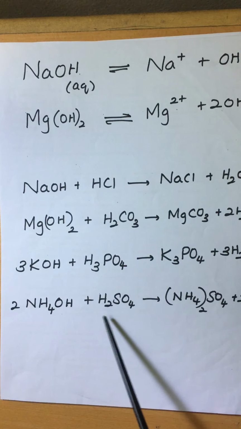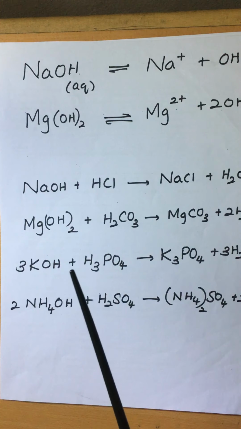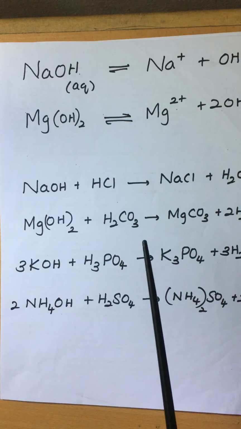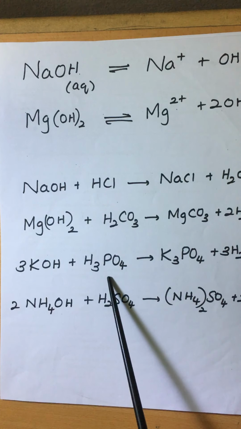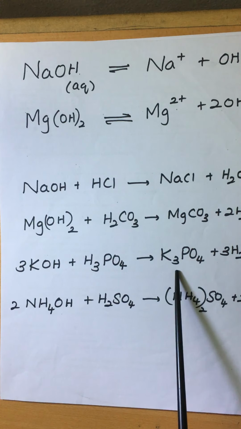Ammonium sulfate is an acidic salt because it is from a strong acid and a weak base. So I gave examples of strong acid, strong base, weak acid, weak base. Due to that you can identify whether it is a complete salt, an acidic salt or a basic salt. Strong base with strong acid, complete salt. Weak base with weak acid, complete salt. Strong base with weak acid, basic salt.